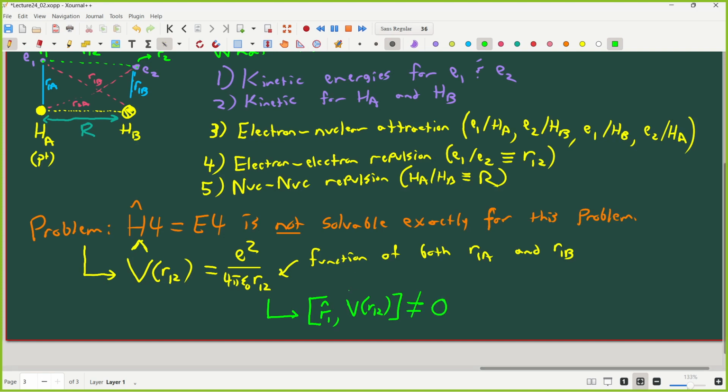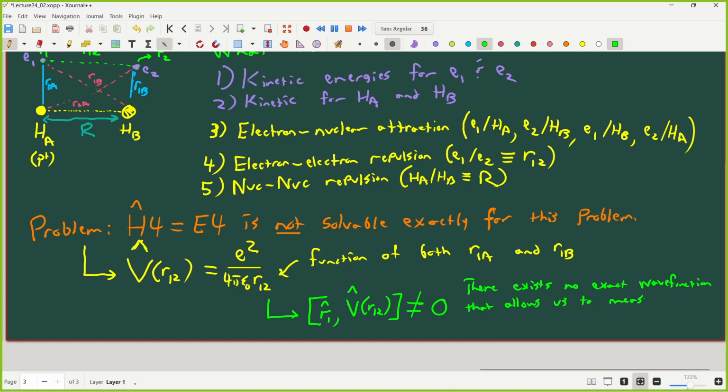What does that mean? It means there exists no exact wave function that allows us to measure both the electron positions and the distance between the electrons.